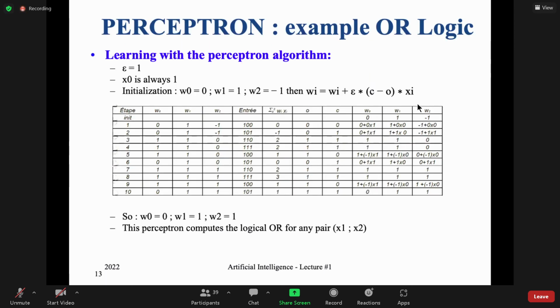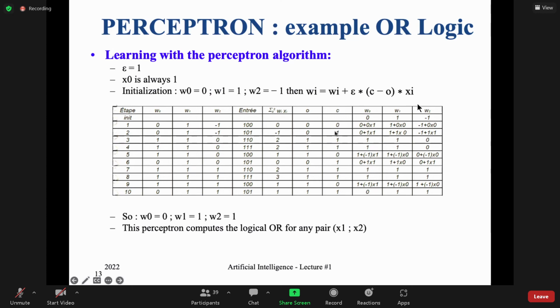The observed value is the same as the previous one because we have again this one, so it will be 0. So it's different. We have here C minus O, which means it will be 1.